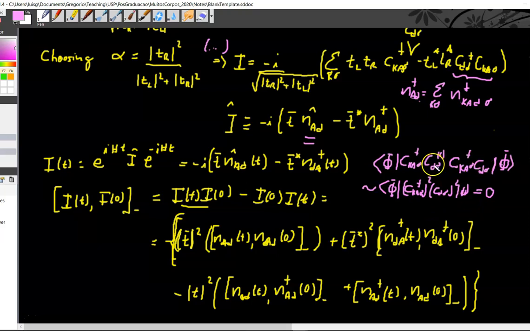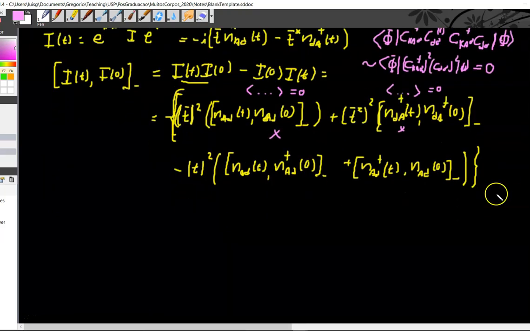Because I'm destroying 2 particles at the impurity, I'm creating 2 at the level at the same k. So the expected value of these 2 terms, the expected value of this one and this one as well, since they involve c operator c or c dagger square, they should be 0. Okay, so we're not going to worry about these 2. We're going to focus on these 2 here now.